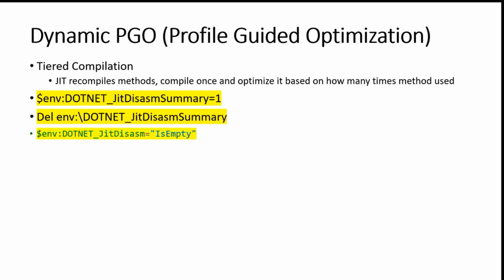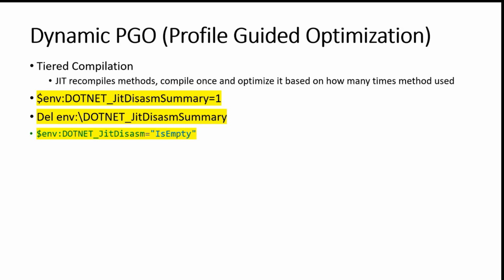Second thing we're going to talk about is the dynamic PGO, which means profile guided optimization. What does that mean? If you have a loop that you iterate through, right? So you do something like 100 times, 1,000 times, maybe 100,000 times or 1,000,000 times. You do it over and over and over. The runtime learns what you are trying to do, and it does what they call a tier 0 compilation.